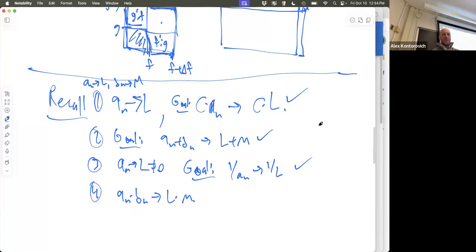So if you chain these 4 things together, that's the last thing we proved. What it tells you is that for any rational function, you can get summation, you can get scalar multiplication, you can get multiplication, that means you get polynomials, and you can get inversion.